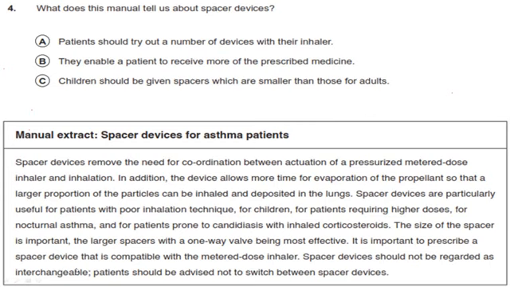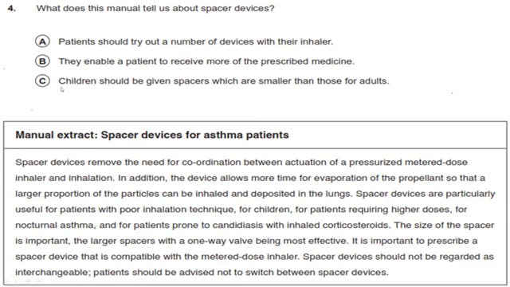I think, sir. Okay, actually, this choice is too specific, and this is not the aim or the goal of this text. This is an example of mentioned data, but it's too specific because here the size of the spacer is important, the larger spacers with a one-way valve being most effective.